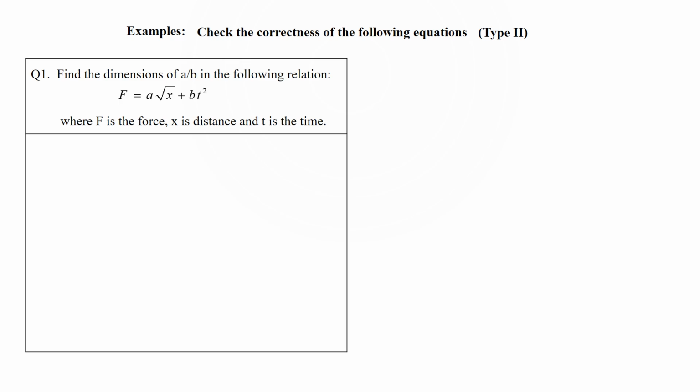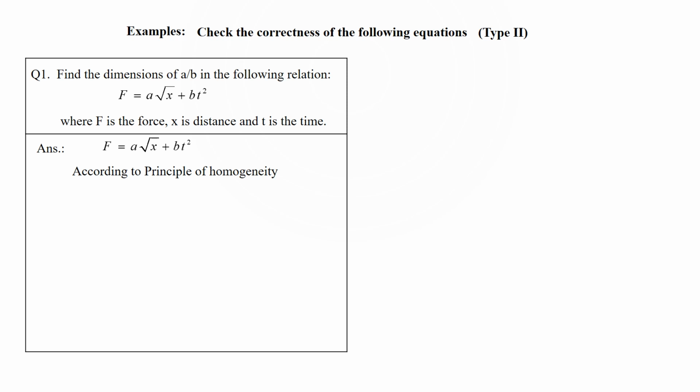Okay, let's do a few more examples. These are better examples which you need to do. Question number 1, find the dimensions of A divided by B in the following relation, where F is force, x is distance, t is time. Let's try.